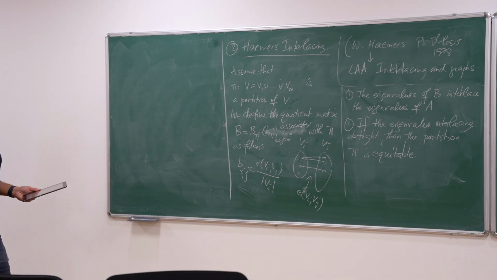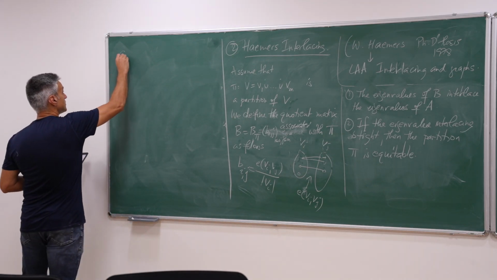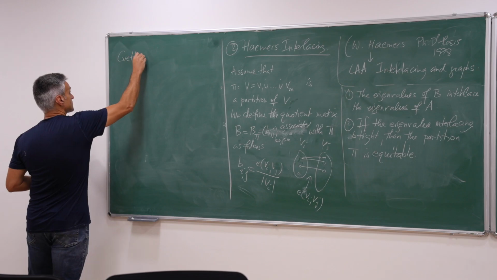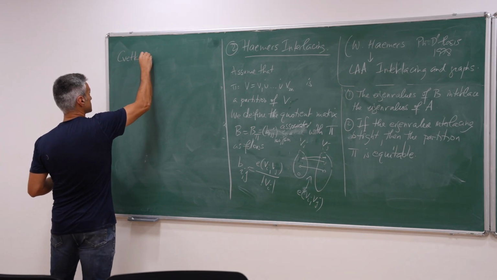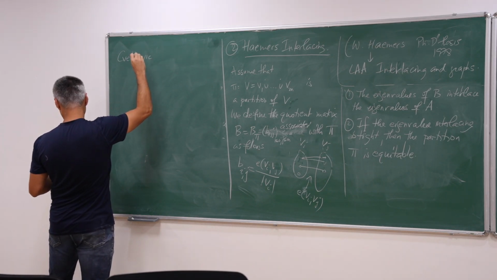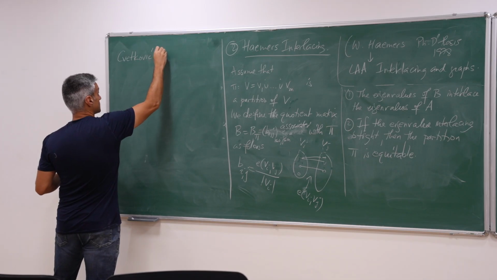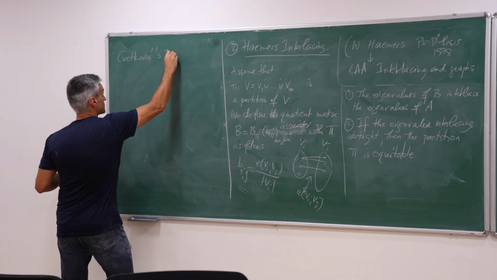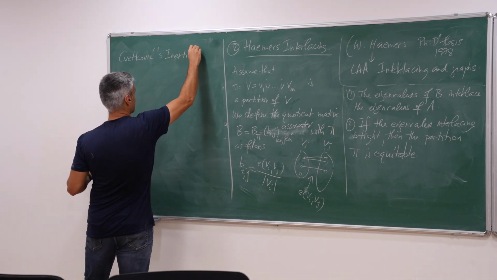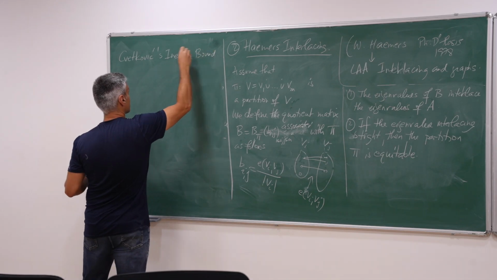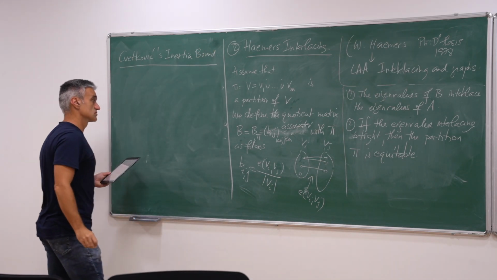Okay, so let me give you an upper bound for the independence number. This is called the Cvetkovic inertia bound, because it has something to do with the number of positive and negative eigenvalues.